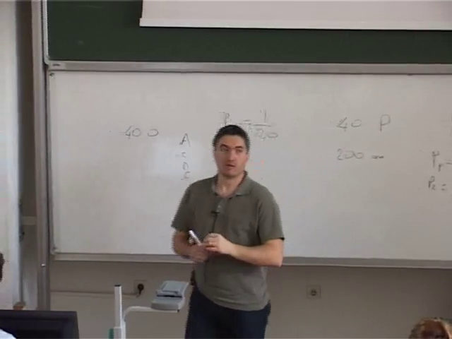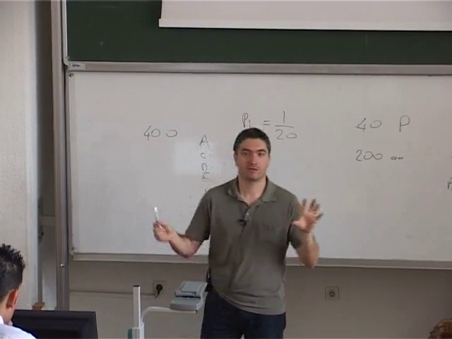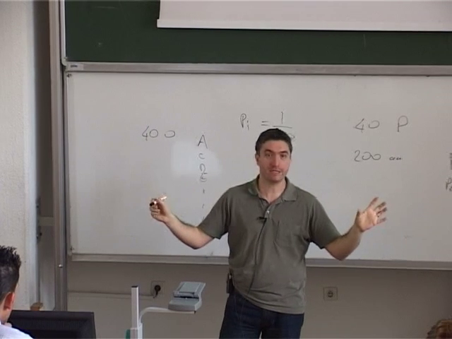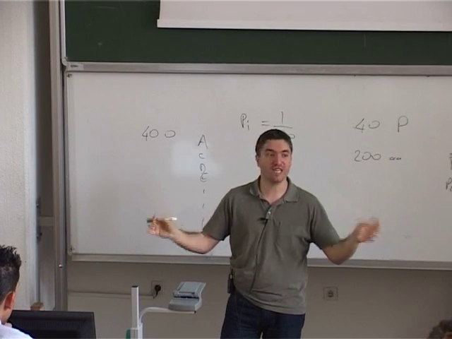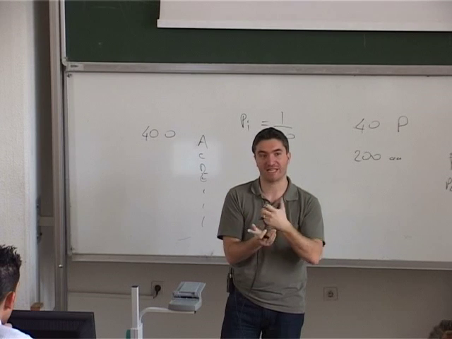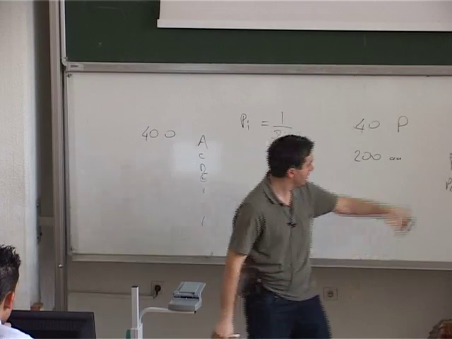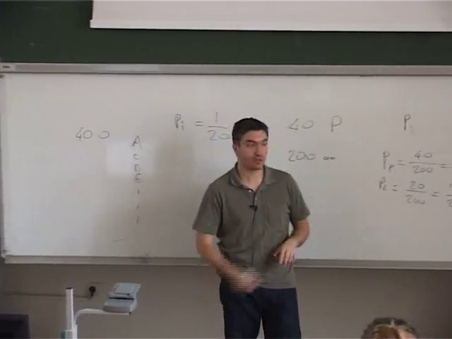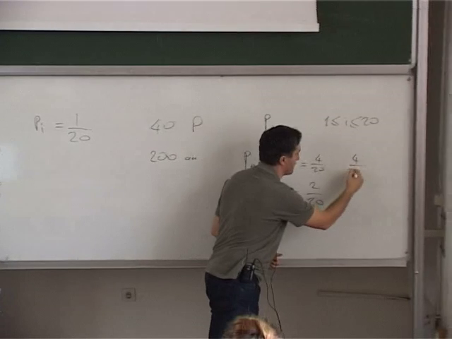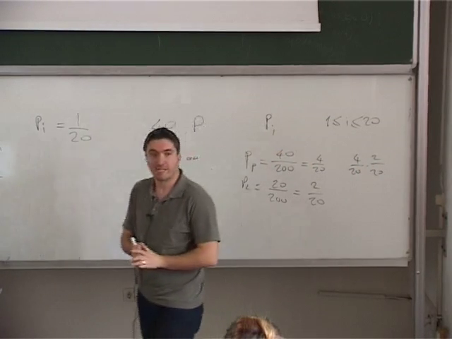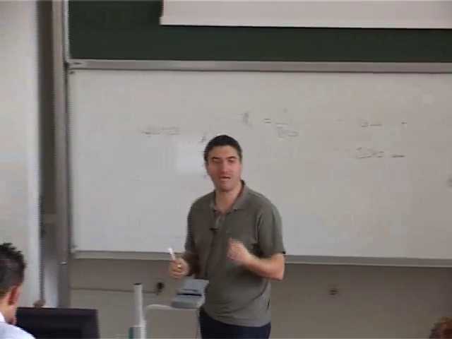Now, since these are individual occurrence probabilities, what is the probability of observing these two together? The expected value of observing these two together is PP times PL. So you need to multiply 4/20 by 2/20. This is the expected probability of observing P and L together.